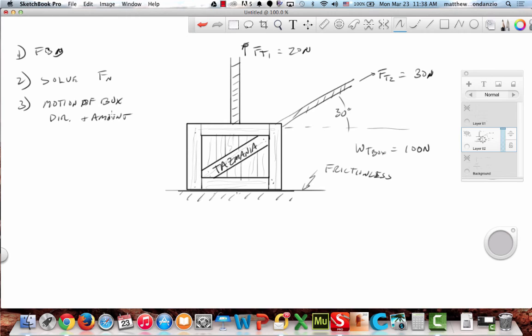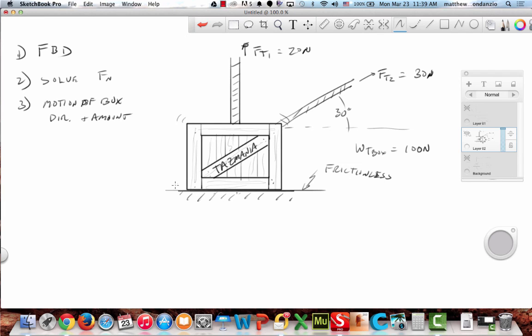Yell at me if you have no idea where to start. Can everybody do the free body diagram? Wait, what is number 1 say? Draw me the free body diagram. Solve for Fn. The motion of the box, the direction, and the amount.